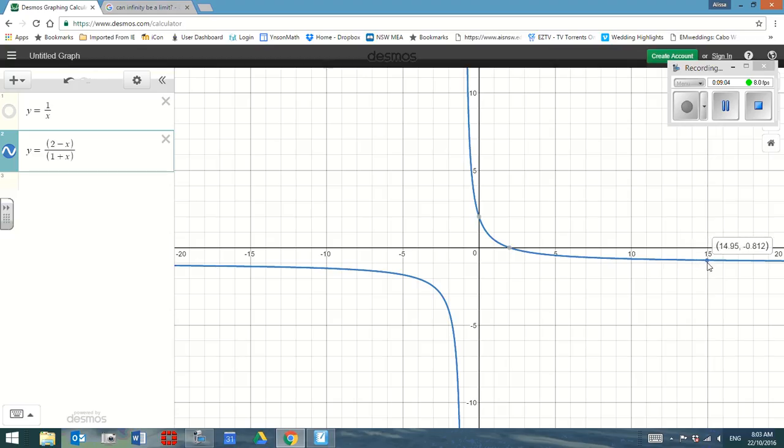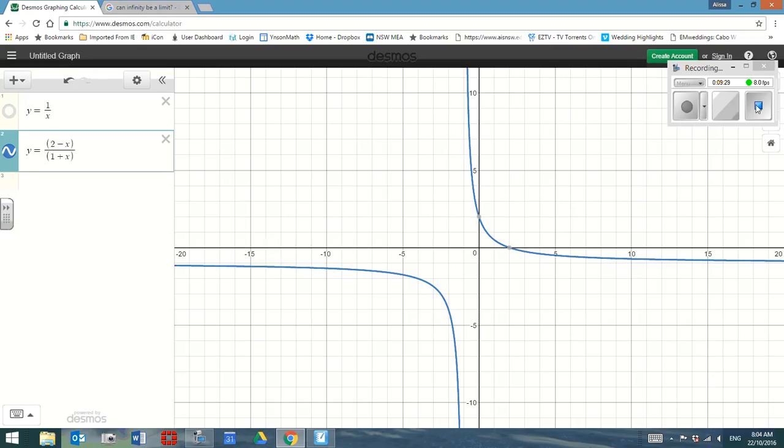Notice what's happening to the y values. My y value is at negative 0.8 right now, and it's going to continue to get smaller and smaller. And let's see if I can follow it out to the left to negative infinity. Notice my y value is at negative 1.4, and it's getting higher, negative 1.3, negative 1.2.